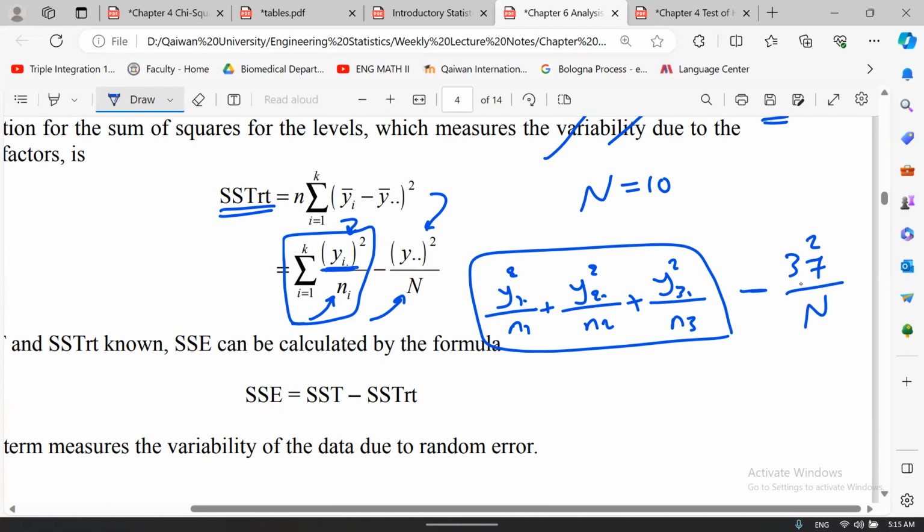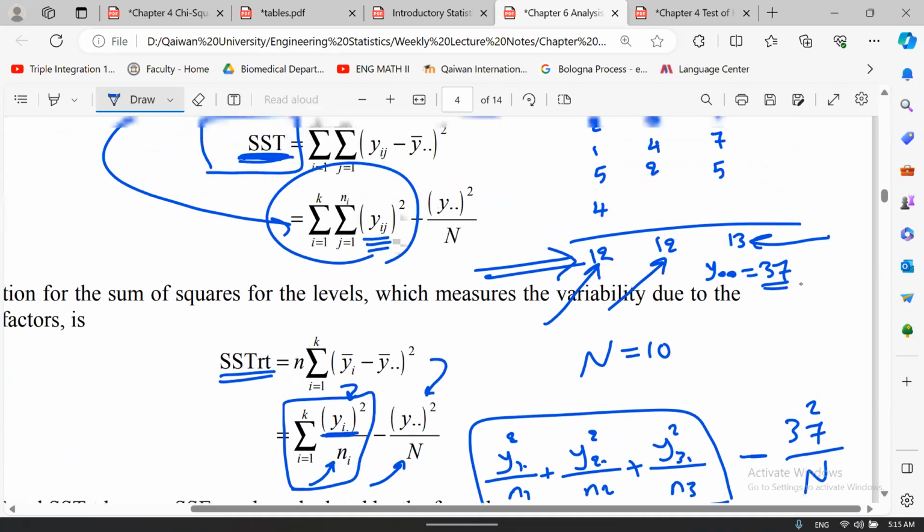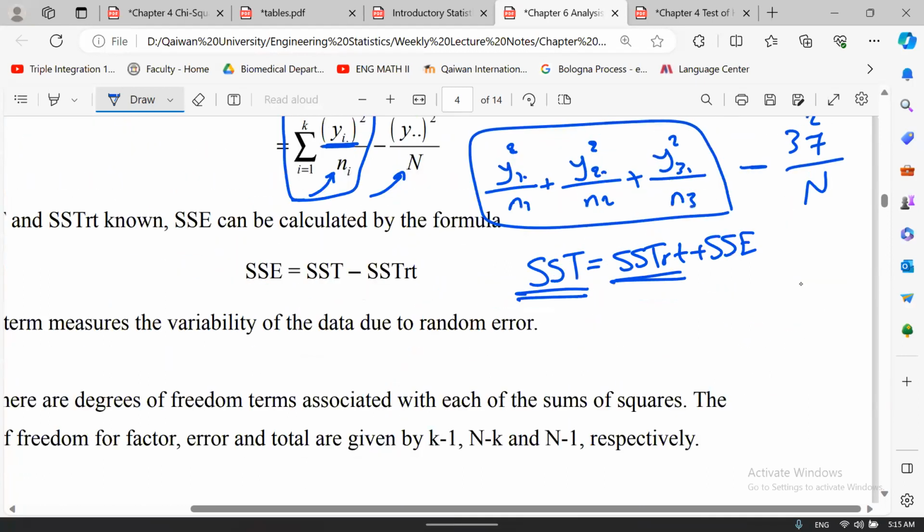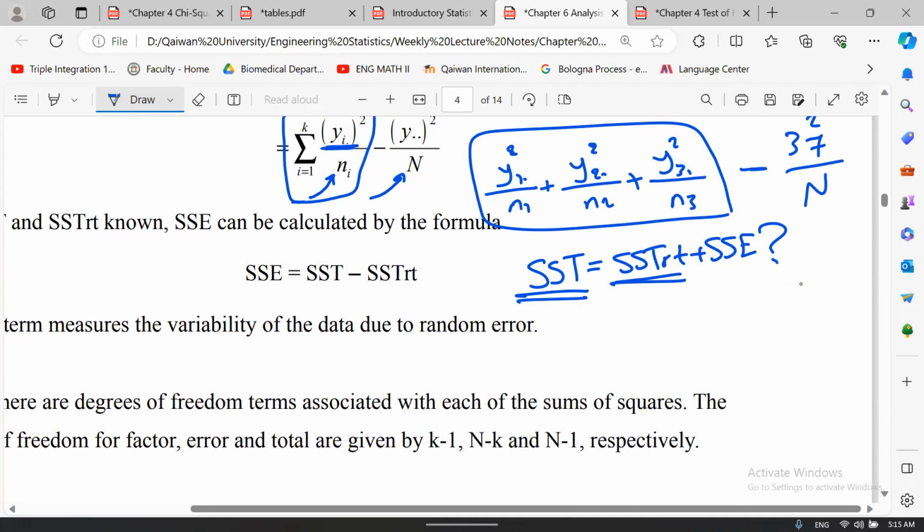We now have the rule: SST is SSTRT plus SSE. We found SSTRT, and in the previous step, we found SST. So you could get SSE by moving SSTRT to the other side.